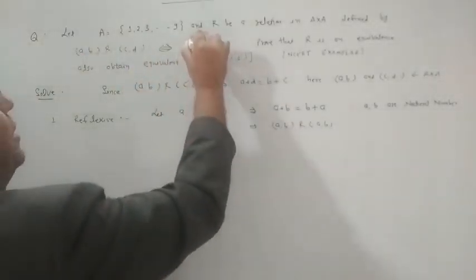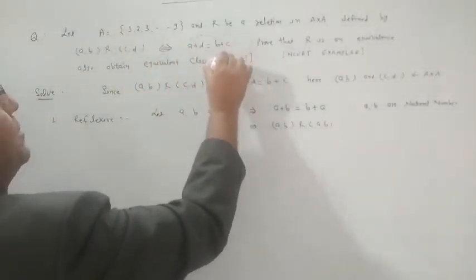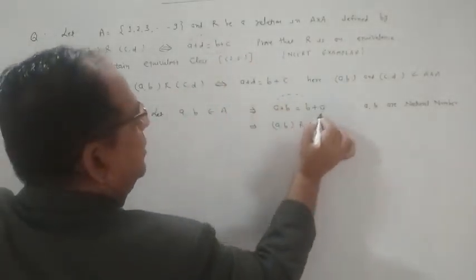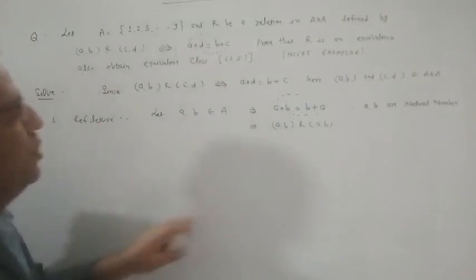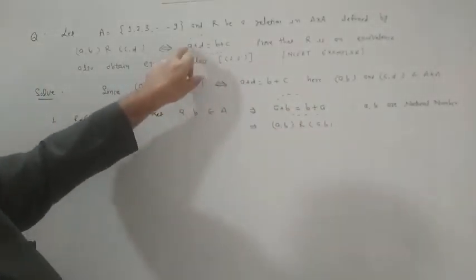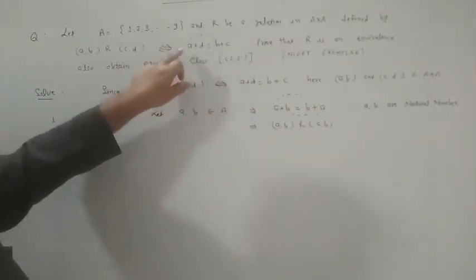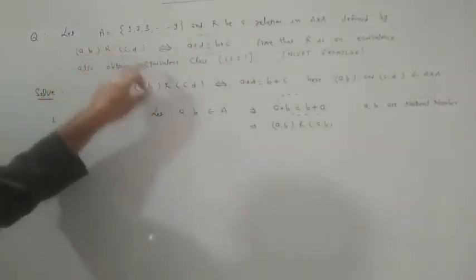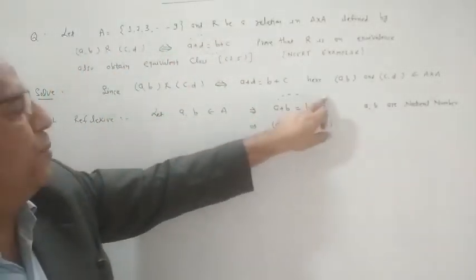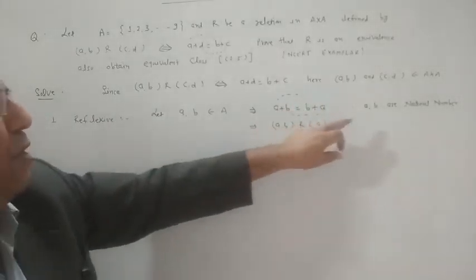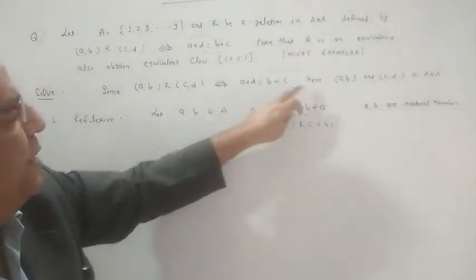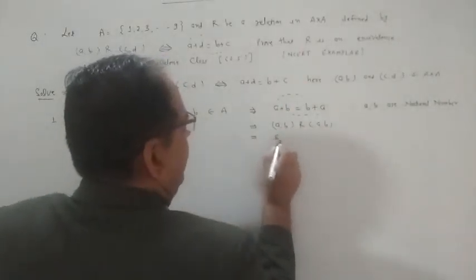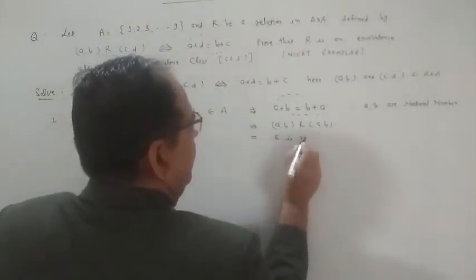So here a plus b equal to b plus a. Due to natural numbers being commutative, we can write (a, b) related to (a, b). So R is reflexive.